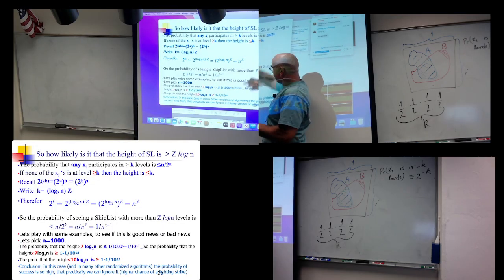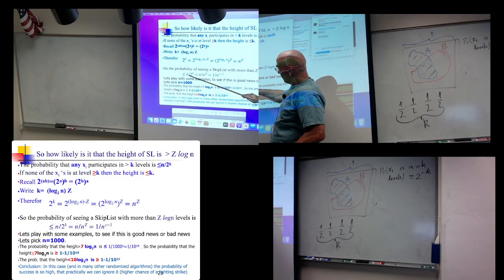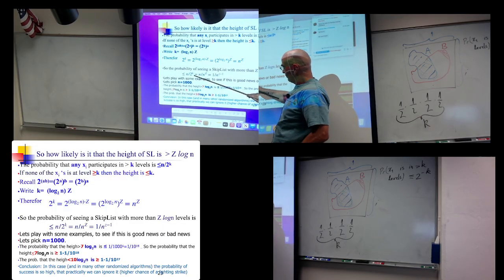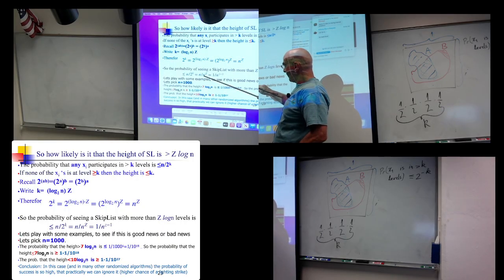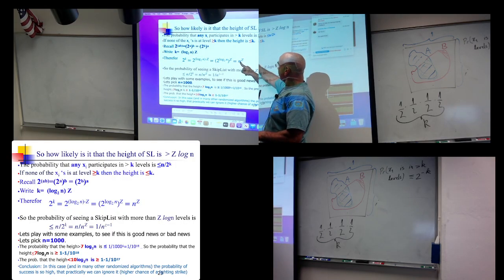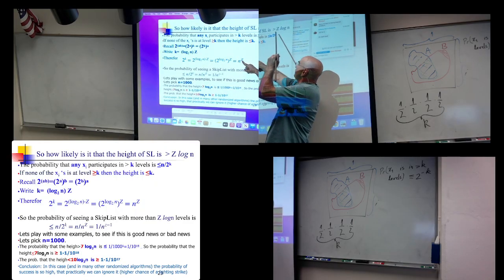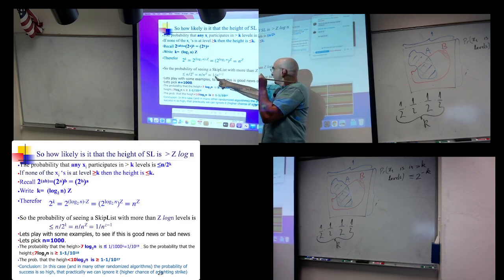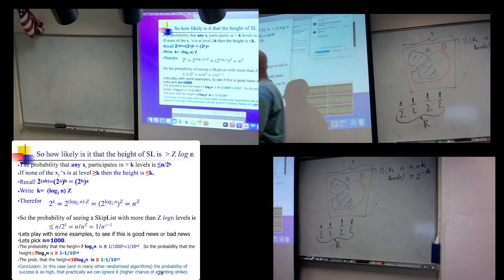So what is this number? This number is just n over 2 to the k, which is n over n to the power of z, which is just 1 over n to the z minus 1. Here I have n to the z, n divided by n to the z makes it 1 over n to the z minus 1.